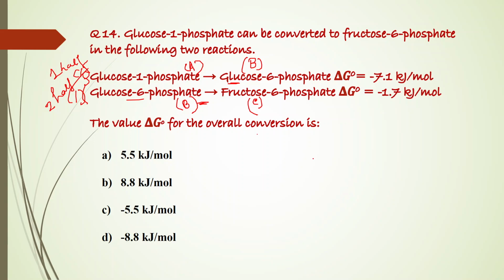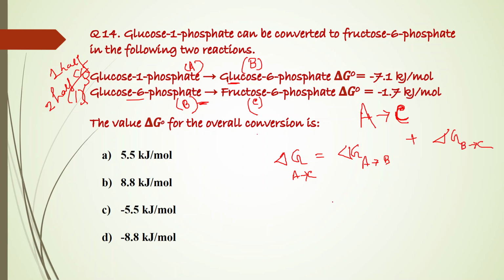So what should be the value of this overall reaction, A to C? We will calculate it by taking delta G of A to B and summing it up with delta G for B to C. That is what we learned.